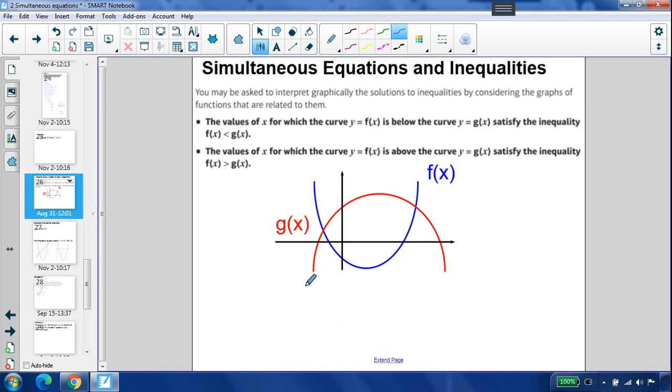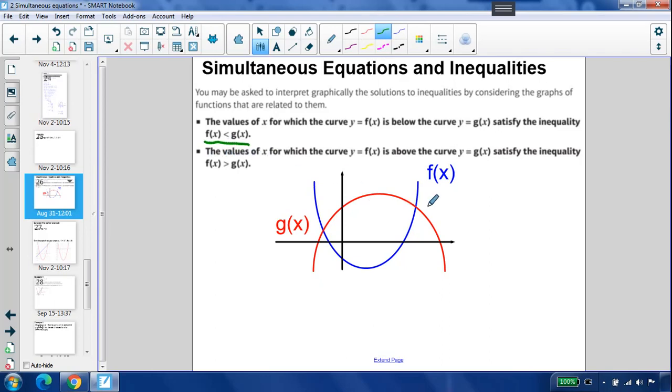and here we have the red curve, which is g of x, so y is equal to g of x. If we look at this part, the values of x for which the curve y is equal to f of x is below the curve of y is equal to g of x satisfy the inequality f of x is less than g of x.